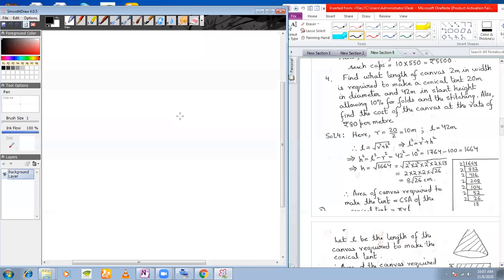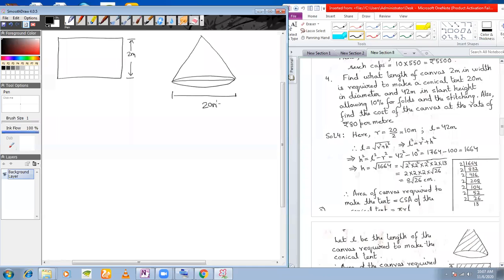My aim here is to find out, suppose this is your canvas, 2 meters in width. From this canvas I'm going to make a conical tent. This tent will be 20 meters in diameter and 42 meters in slant height.